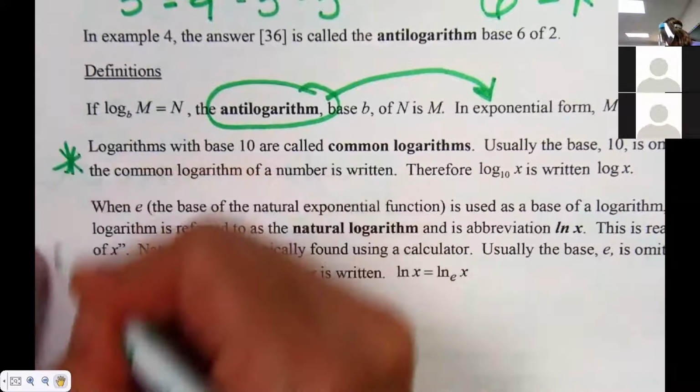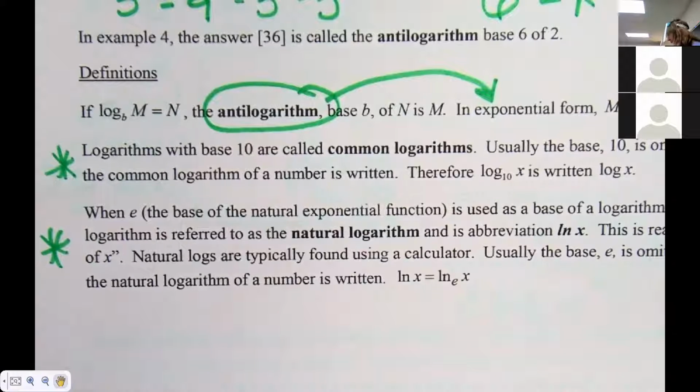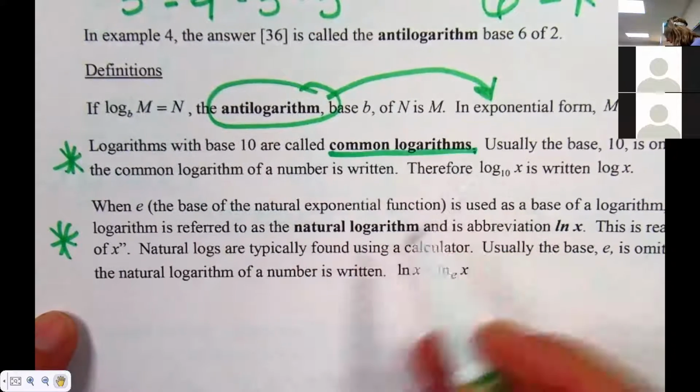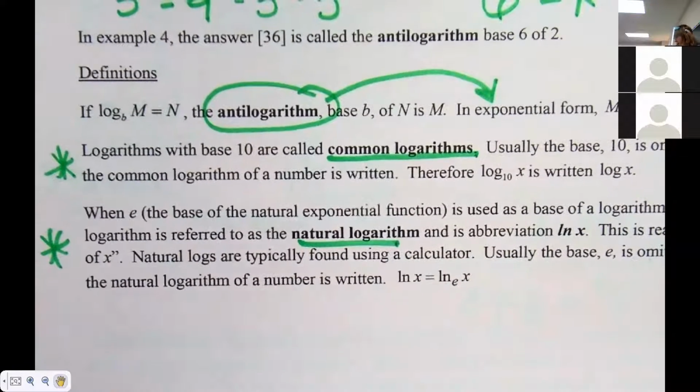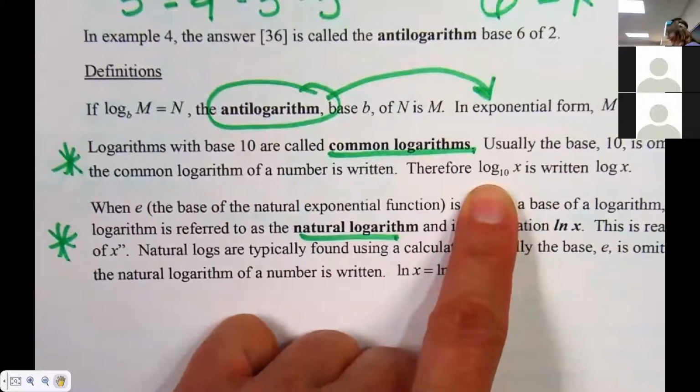This stuff, we're just going to skim the surface on these 2 things. So with logs, there's like a blanket category of logs, and then there's subcategories of a common log and a natural logarithm. Y'all, the common log just has a base of 10. And the reason why we call it a common log is because of scientific notation.